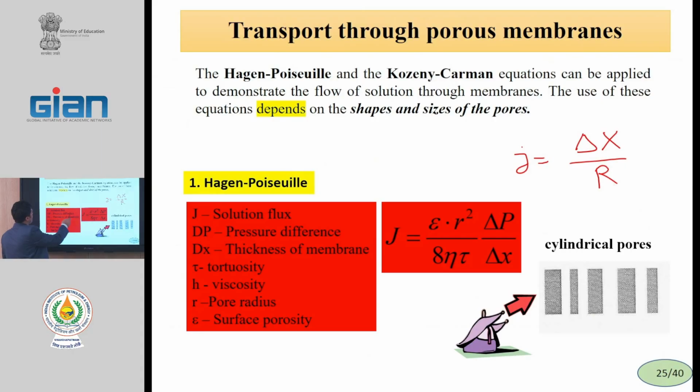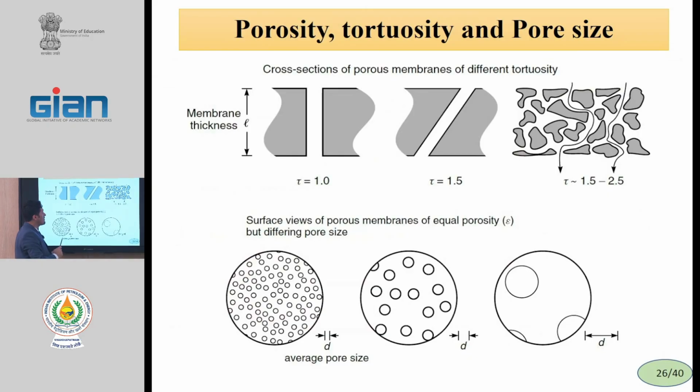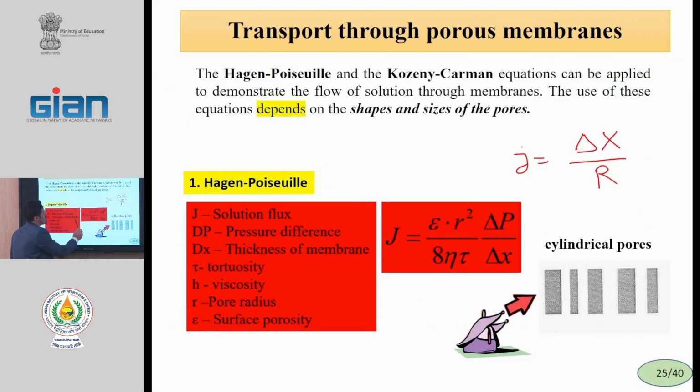In these equations, for example, Hagen-Poiseuille, the R is defined and divided into the influencing parameters. Delta X is delta P, and R is equal to these ones. Delta X is the thickness of the membrane. Higher thickness, lower flux. Higher viscosity, lower flux.